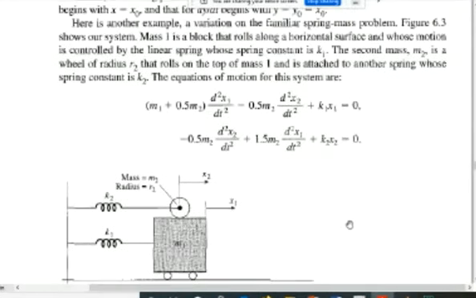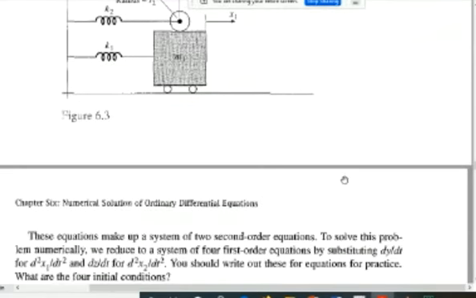And we want to solve this system of differential equations to analyze the motion of this combined system of springs and mass. And we want to talk about the solutions of this differential equation in numerical form.